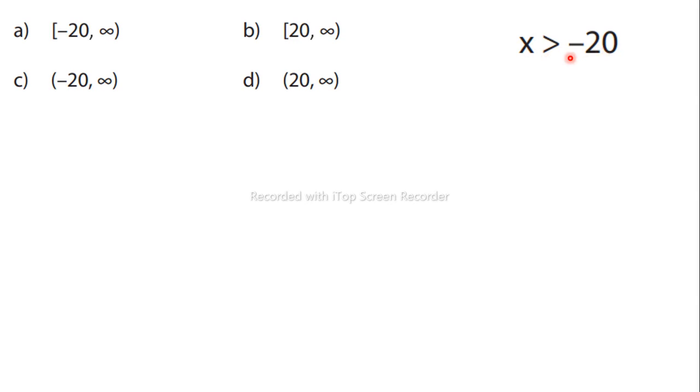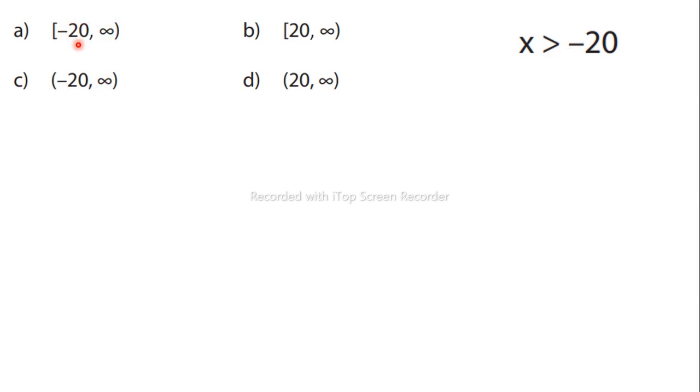Again, x is strictly greater than negative 20. And so what does that mean? That means we want all the numbers that are bigger than negative 20. So 50, 55, 2000, 1 million, all these numbers are bigger than negative 20. And so they are going to be the ones that we'll be considering. Let's consider each of these inequalities and see which one is the correct one.